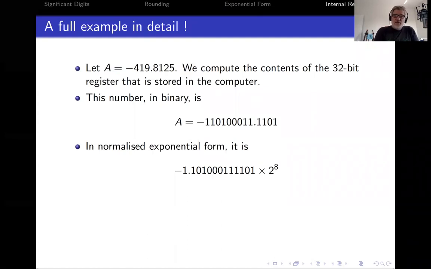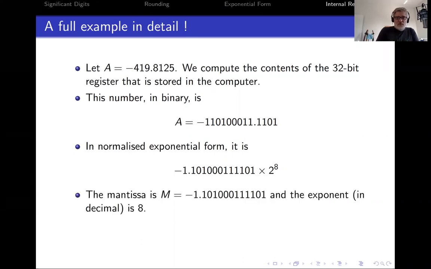So in normalized exponential form, the number that I'm looking at is minus 1.101000011111101 times 2 power 8, okay? So now I have my mantissa, I have my exponent, and I have my sign. I have all I need to get those 32 bits, okay? So this is the mantissa, minus 1 point blah, blah, blah. The exponent is 8, and the sign is negative, right?